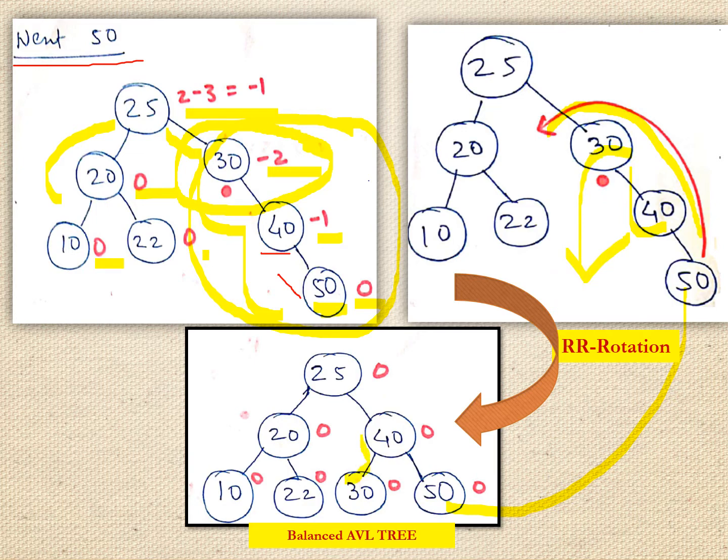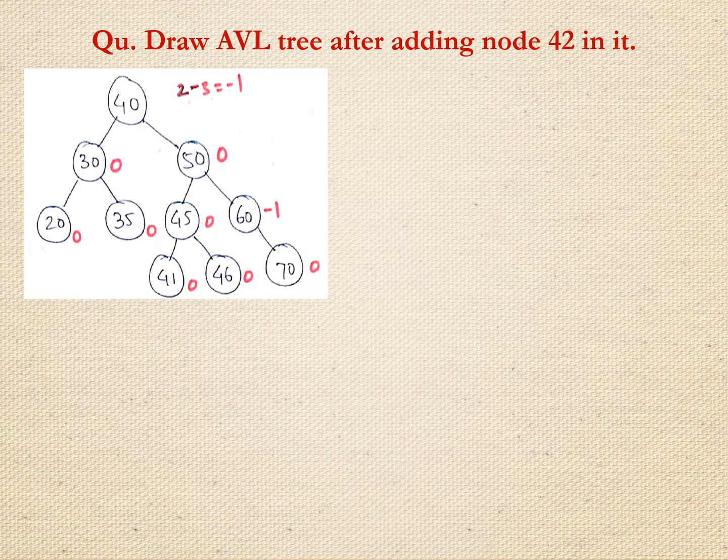So now 30 is shifted here, and then you can verify all balance factors are 0 0 0 0, and even for the root it is 2 minus 2 0. So this way we have got the balanced AVL tree as an answer after inserting so many nodes in this AVL tree. Let us solve one more problem on AVL tree.